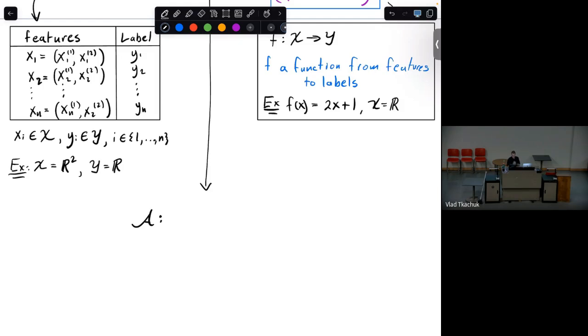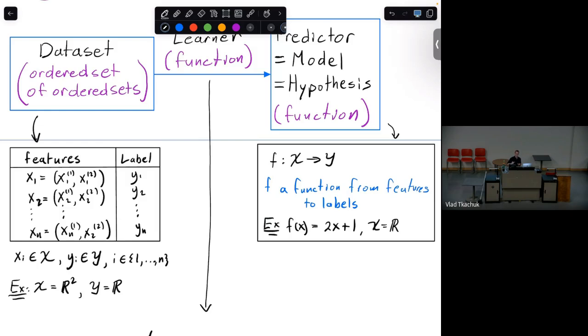This is going to be probably the most complicated part of the whole class, which is defining what exactly this thing is. At a high level, what's going on? This learner is taking in this object, which is a data set, and it's outputting a function, right? It has a domain, which has to be data sets, and it has a codomain, which is what it's going to output: functions.